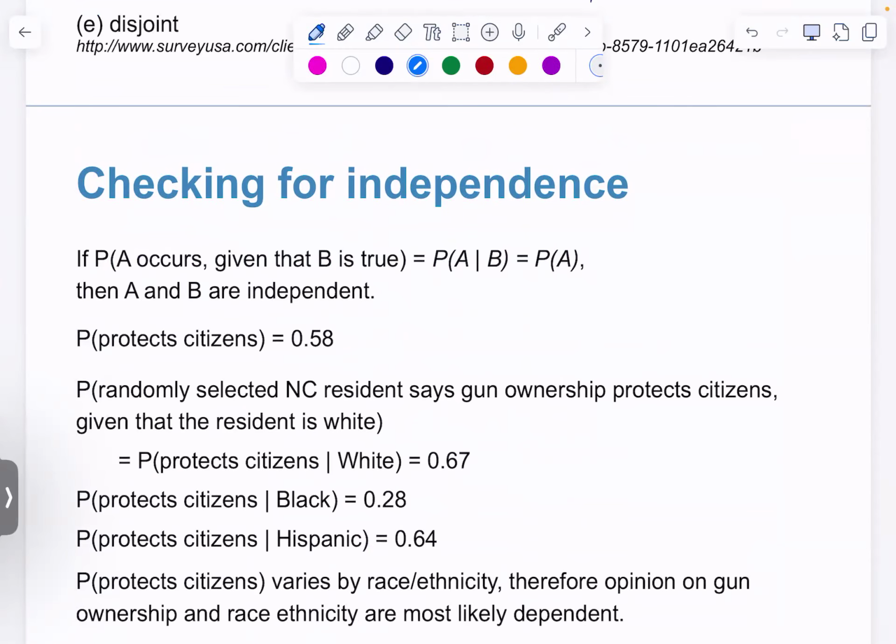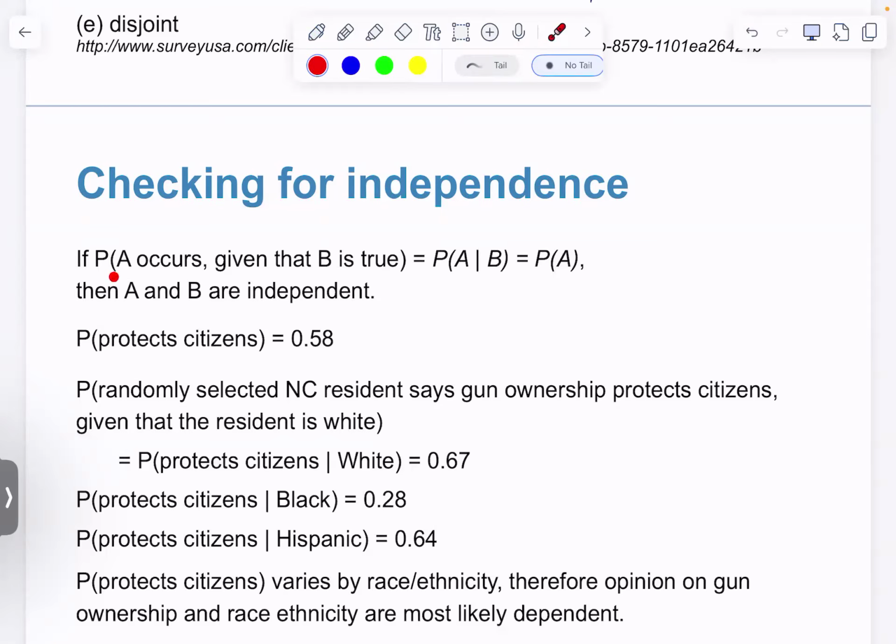So independence, we said, is this: if knowing the outcome of one event impacts the probability of the next event, like knowing that I've drawn an ace impacts the probability of drawing another ace, for example, or any other card, since there are fewer cards.